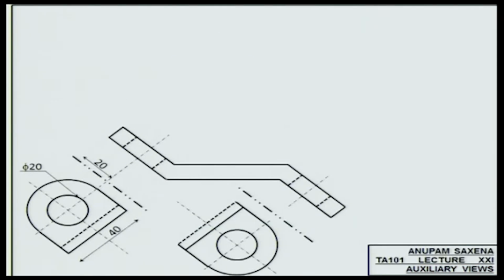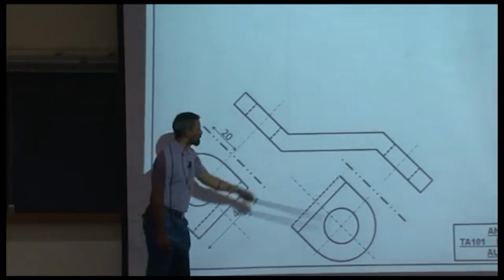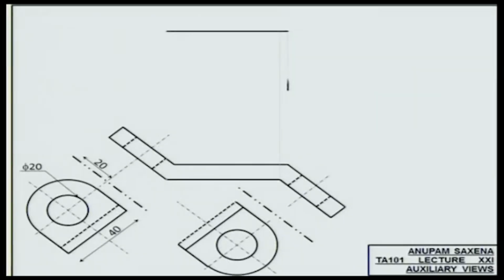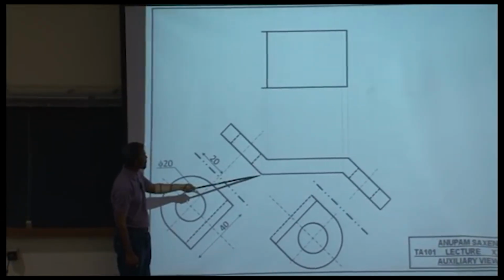Okay, so this is the object, and we would like to draw the full top view of this and the full side view of this. Now this part is straightforward. I can always take vertical projections. Draw the square or rectangle or whatever. So this part is going to be visible. This edge will be hidden.